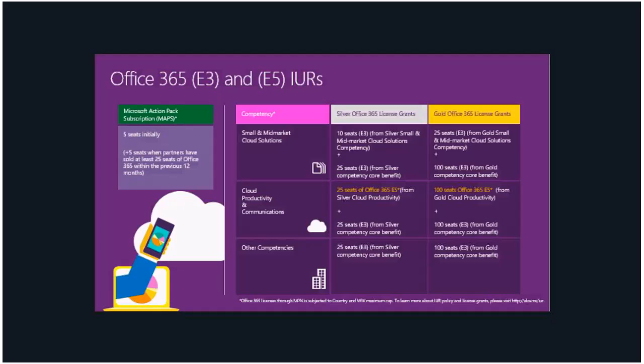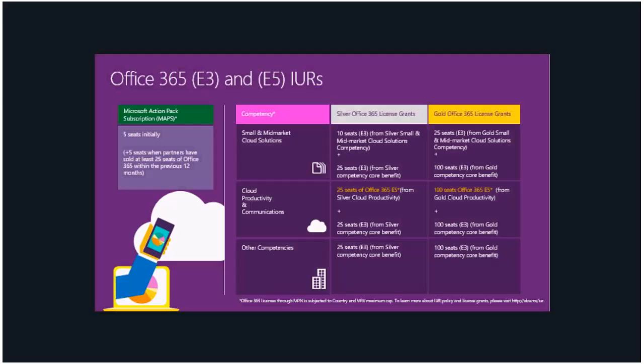Regardless of what competency you have, you will get 25 seats of Office 365 E3 for a silver competency and 100 seats of Office 365 E3 for gold competency. So that is your core benefit. The competency-specific ones are incremental. So for small and mid-market cloud solutions, as I said, you get 10 additional seats for silver, 25 for gold.